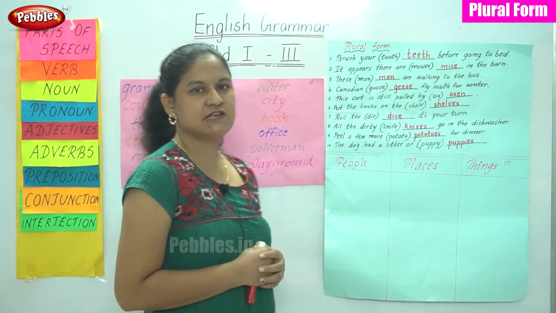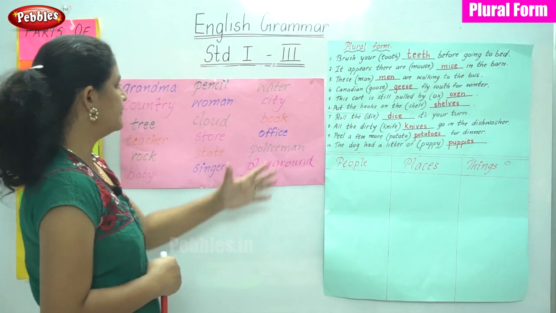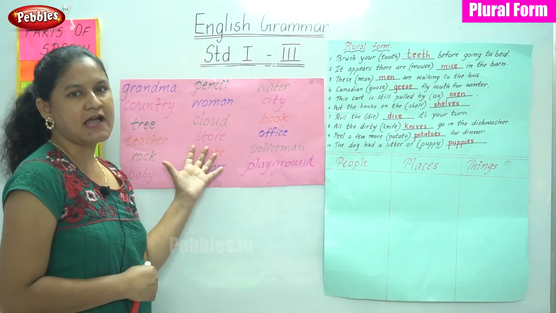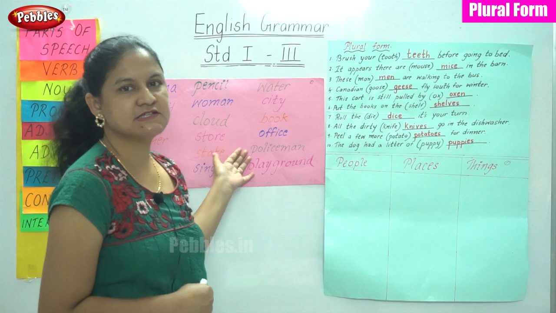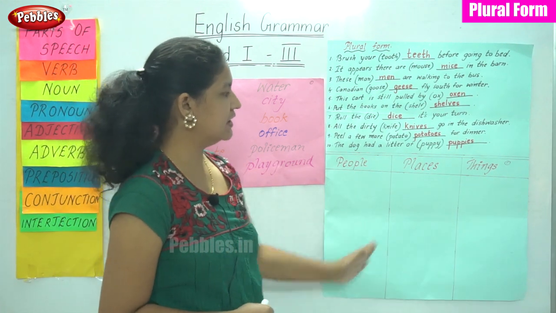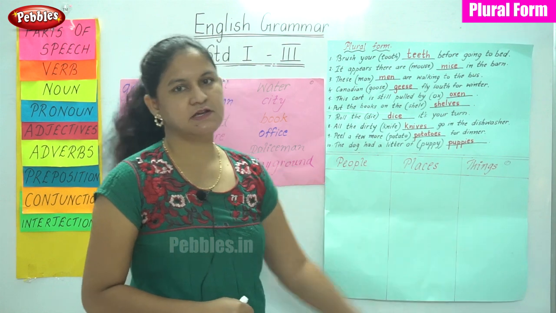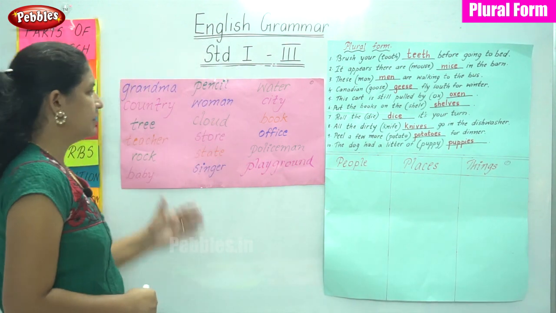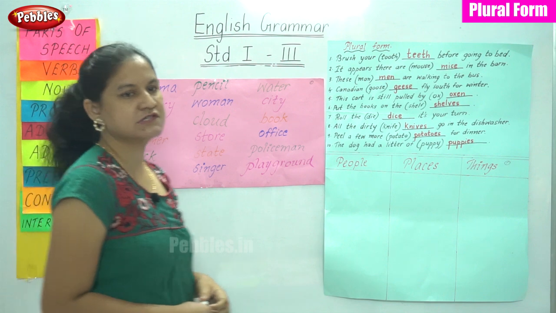So moving on to the next exercise, we have a list of nouns and we are going to place each in its appropriate box. We have people, places and things. Let us read the nouns in the chart.